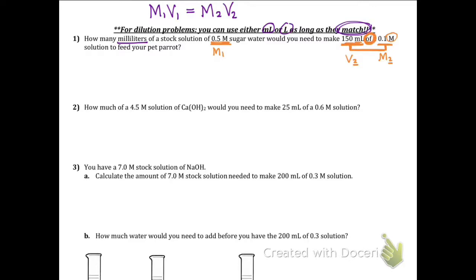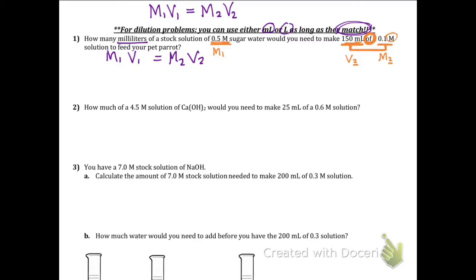And then I'm going to plug in everything that I know. Okay, so my first volume is something I don't know. So I have molarity 1, which is 0.5. So this was M1. I have a V1, and I need an M2, and I need a V2. Okay? I'm going to write this a little bit smaller so I can fit it.